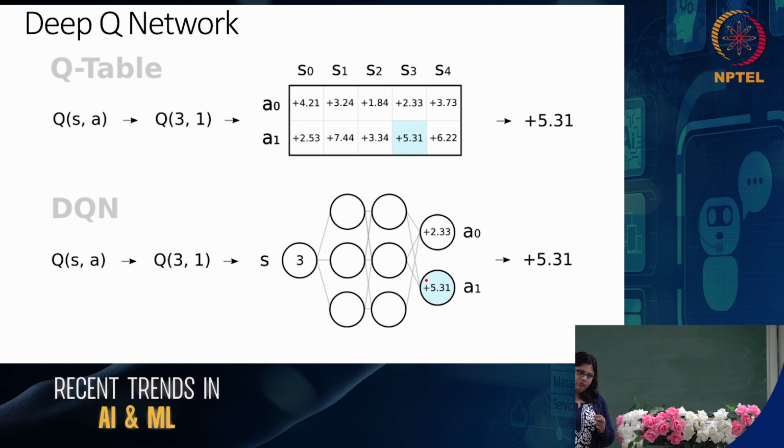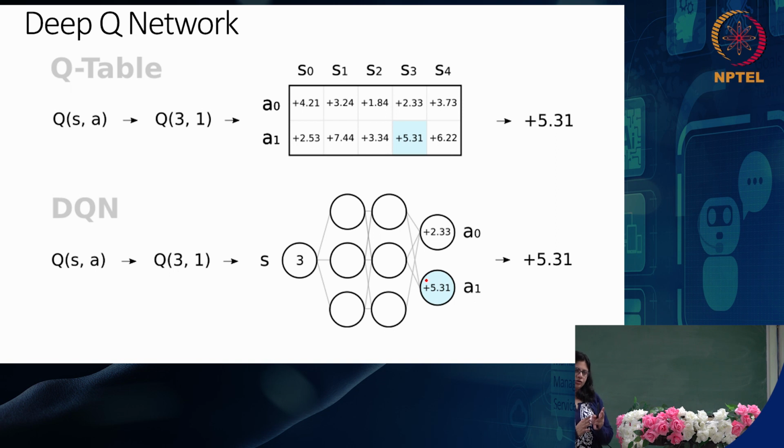You are in a particular state, and for this state you invoke the neural network and get a Q value. Given this state, you know your optimal action, the reward, and the new state. For that new state you can again use the same network to get the Q value.